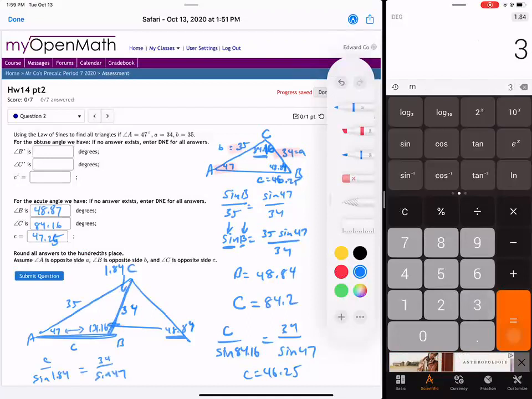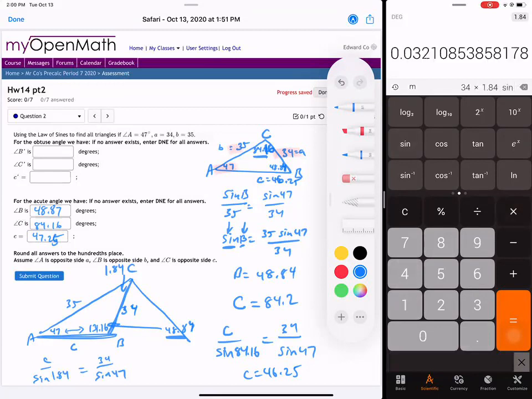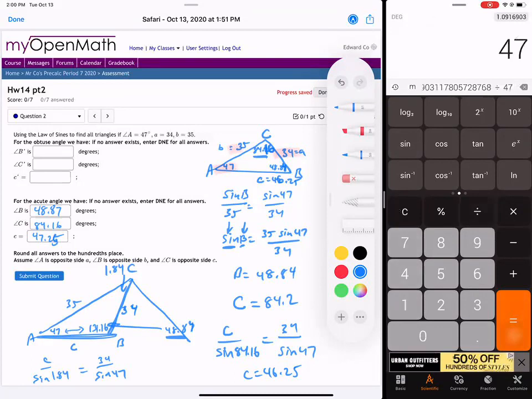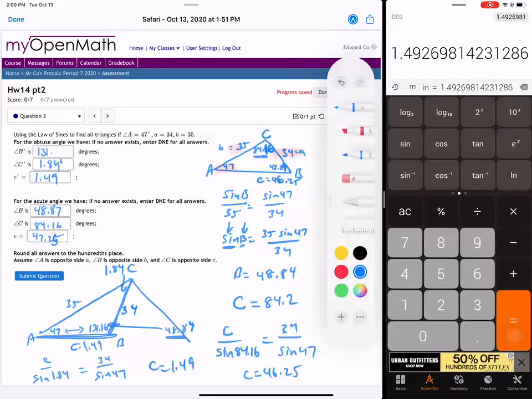Calculator work: 34 times sine 1.84 equals, divide that by sine 47 equals, we end up with side C is 1.49. 1.49. Okay. 1.84 for the angle. And side B is 131.16.